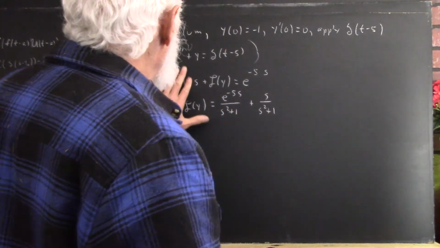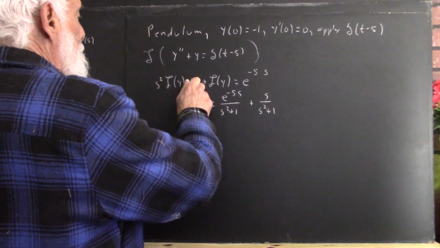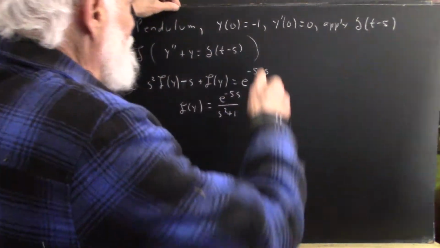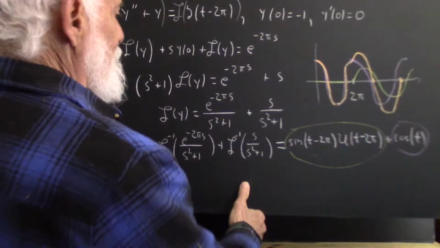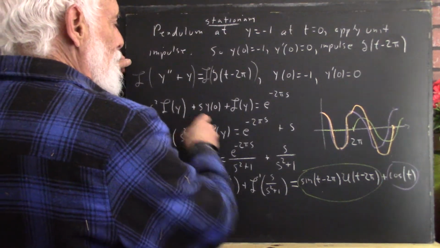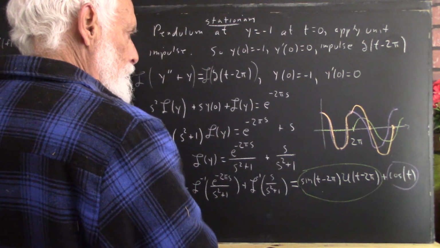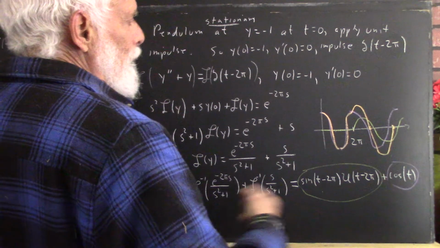Brain fog. This should be minus s. I wrote down plus s before. Except, no, hang on. I'm still wrong. If this is plus s, this ought to be minus s. So we ought to have the negative of the cosine function, and that is what it should be.